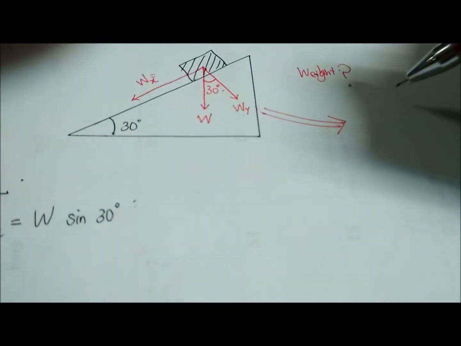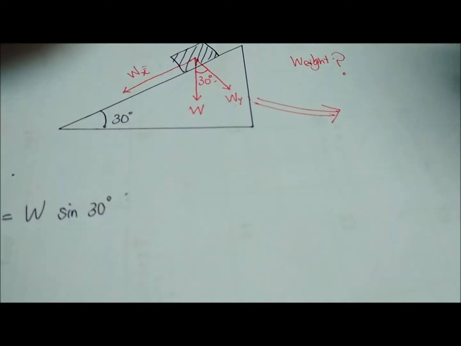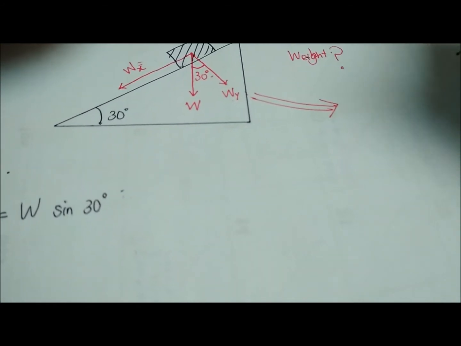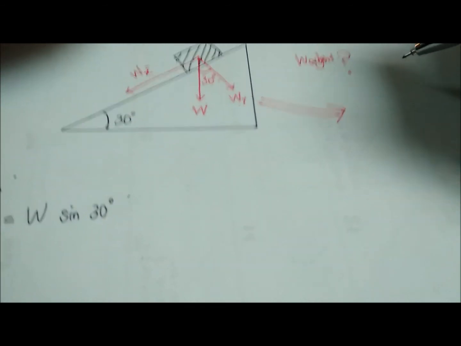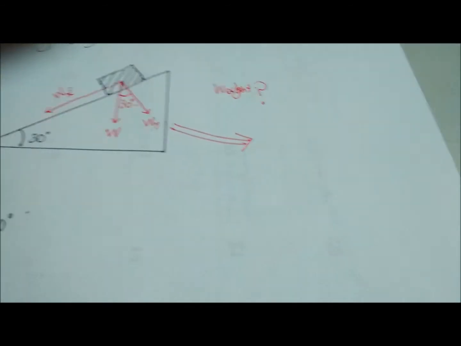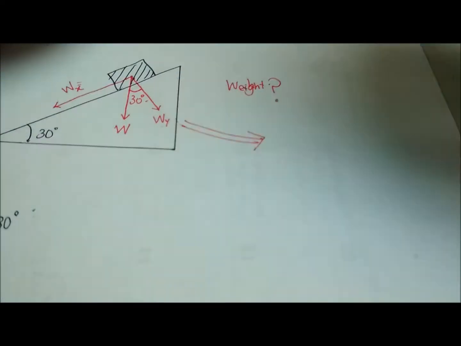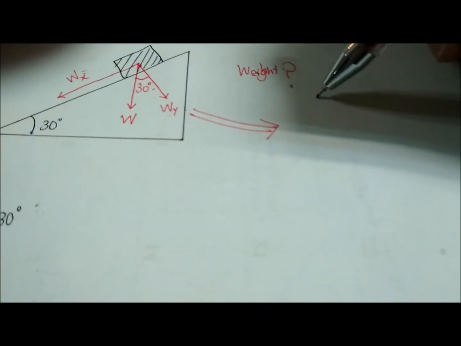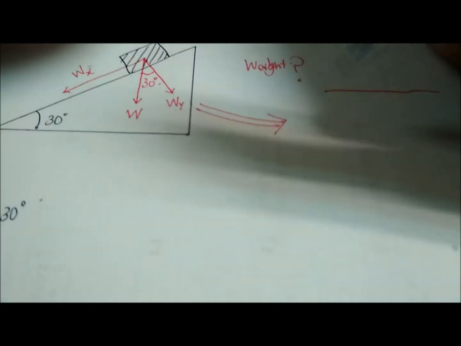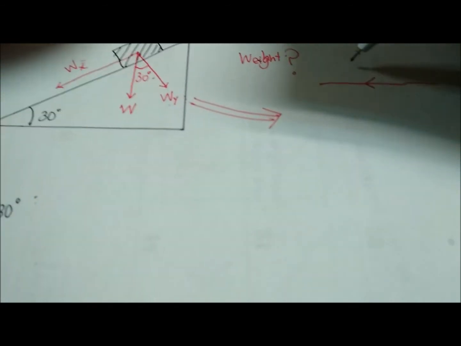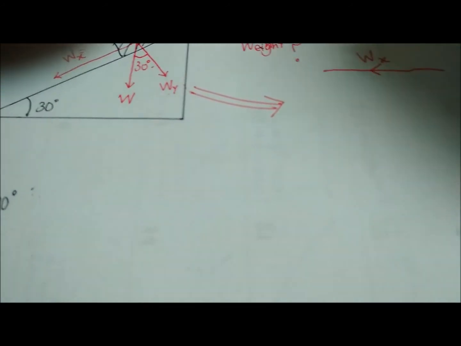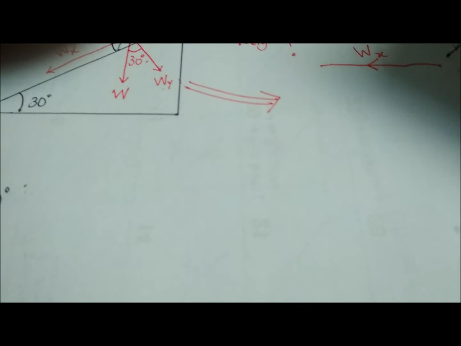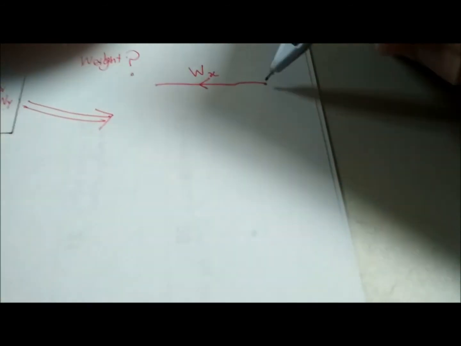The x component always acts horizontally. So this is horizontal Wx, and then Wy always acts vertically.